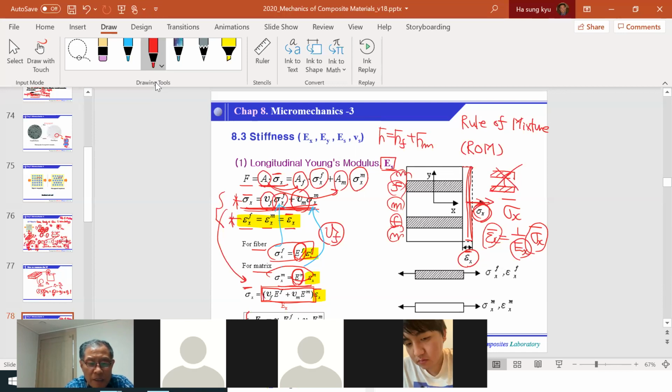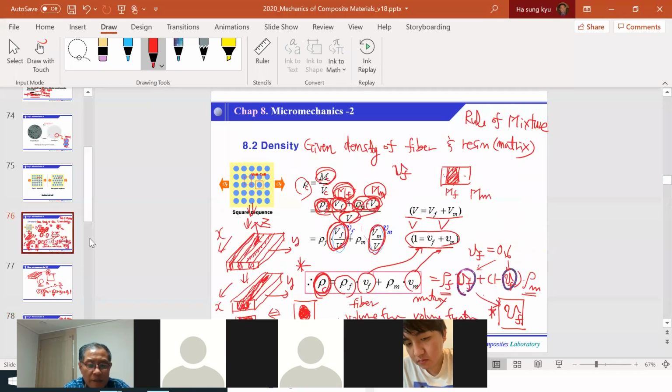So the composite stiffness will be the fiber volume fraction and matrix volume fraction multiplied by EF and EM. So this is simply the homogenized stiffness in the fiber direction. And this is very close to, in fact the same as, the matrix for the density.